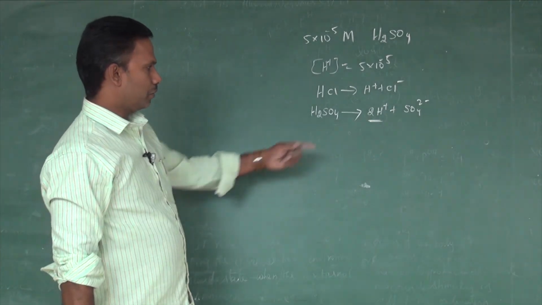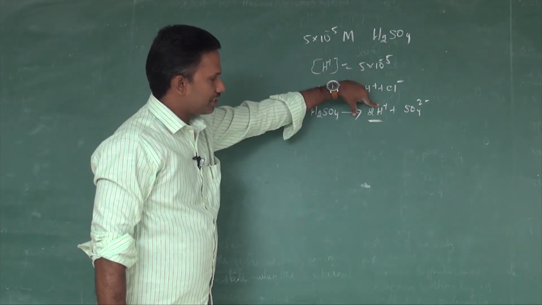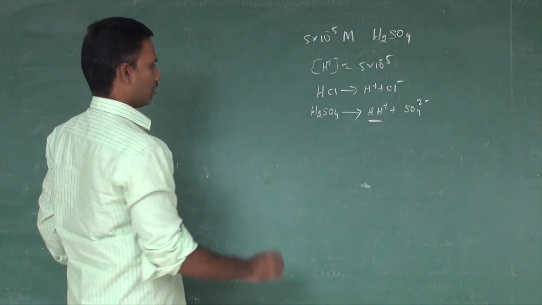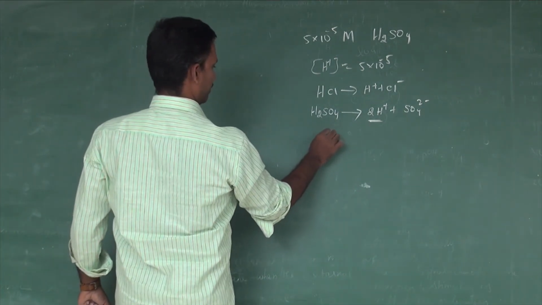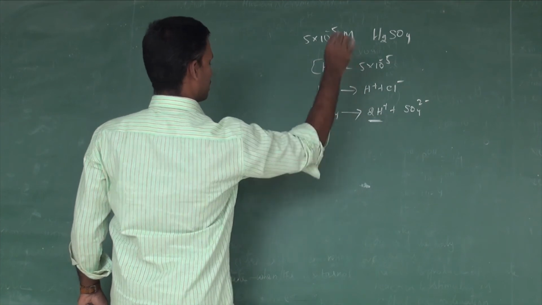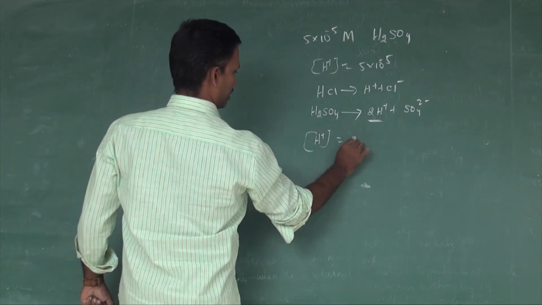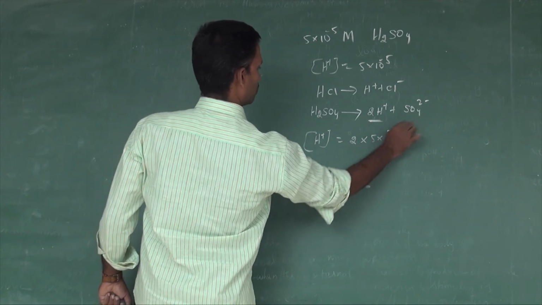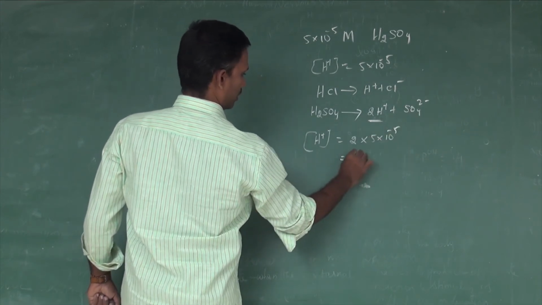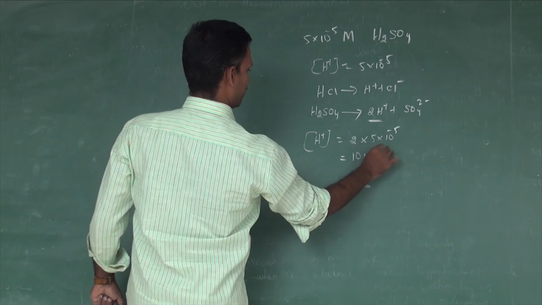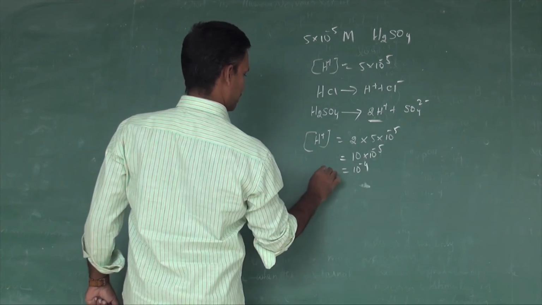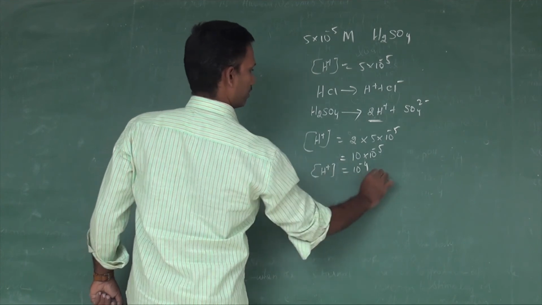So what do we need to do? The given concentration should be multiplied by 2. Since it is producing 2 H plus ions, the H plus ion concentration is 2 into 5 into 10 power minus 5, that is 10 power minus 4. This is the way.